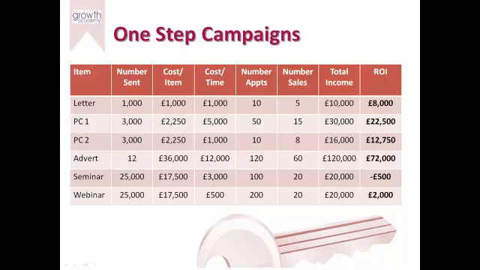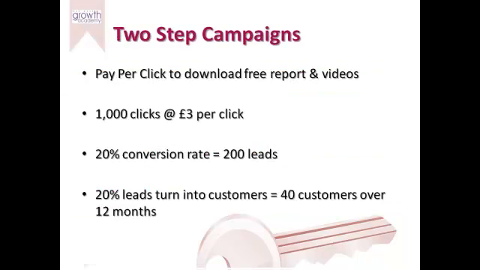Now if you blend those figures together, you get to a reasonable profit figure of maybe £12,000 or something. However, as you can see, one of the postcards gives us 22,000, whereas the letter only gives us 8,000. So whilst the average might be relatively average, one of them is seriously profitable. So it's absolutely crucial that you break down the figures and record the exact return on investment.